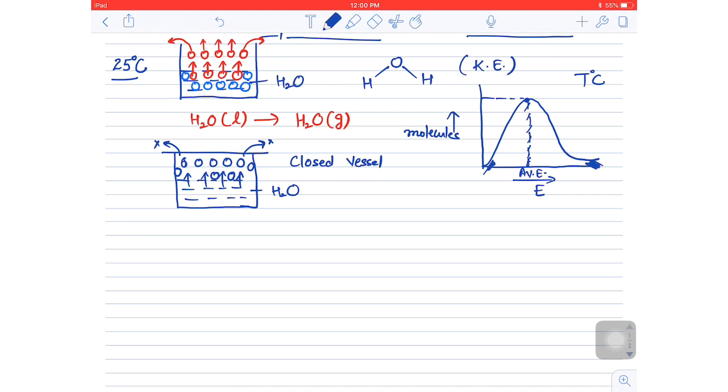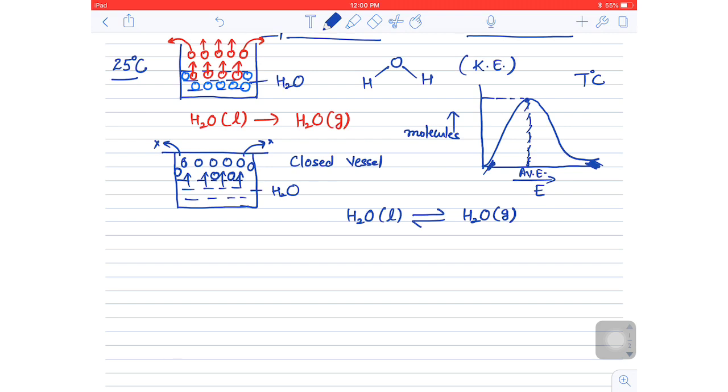So we get liquid water moving into gaseous water, and these gaseous water vapors are again changing into the liquid state.